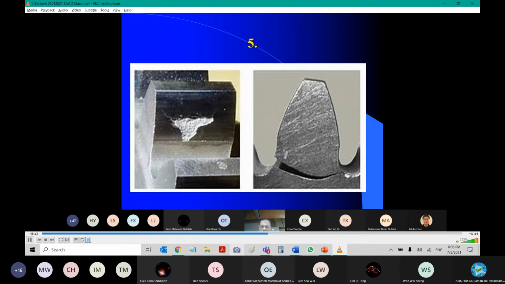This is quite common. This is a gear tooth. Okay, this is pitting. This is the tooth, and this is a gear tooth. You can see the crack there. Yeah, this is caused by bending, actually. So you don't like this one when it happens in your car gearbox, right?